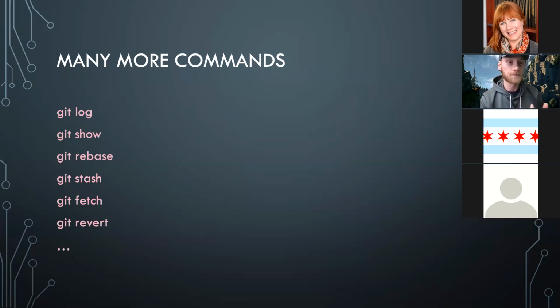And git rebase, that's just another way of merging. It's a little bit more tricky. And there are some pros and cons for using git merge versus git rebase. But we won't really go into those details here. Those things you can obviously find out in the documentation. I'll have links at the end to learn more.